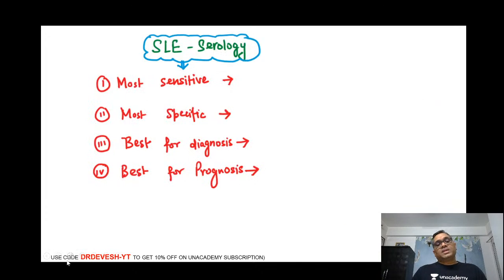Done, right? Now in the SLE diagnosis, when we come to the immunofluorescence microscopy and the serology. So serology and immunofluorescence, these are the two things which you employ for the diagnosis of the SLE patient, right?